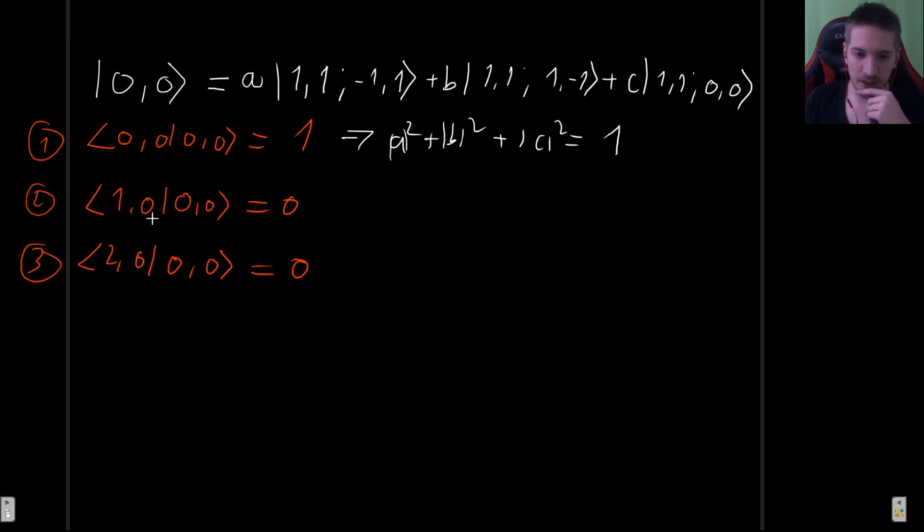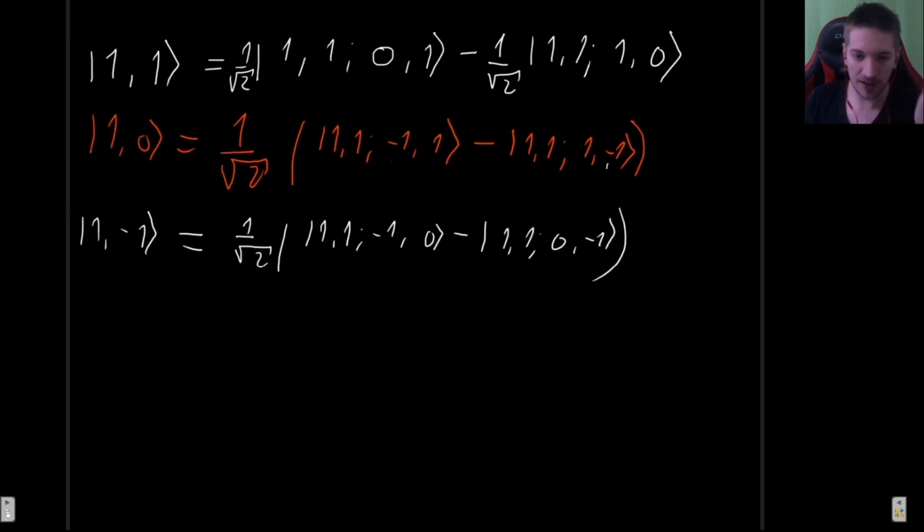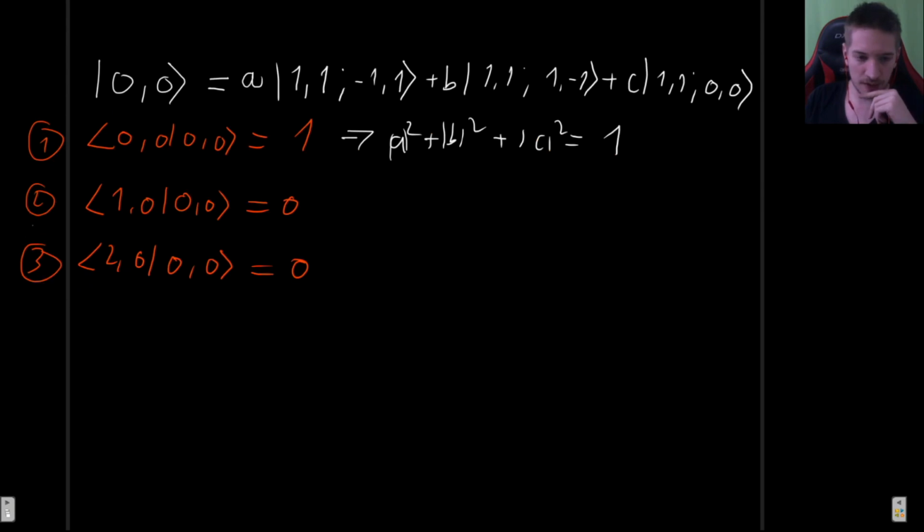From this one right here, let's take a look at what |1,0⟩ is. |1,0⟩ only has these 2 states, nothing with a |0,0⟩. So it's going to be 1 over square root of 2 with the one with -1. So let's go ahead and undo this product maybe, so it's a bit easier. It only has a state for |-1,1⟩ and this one right here.